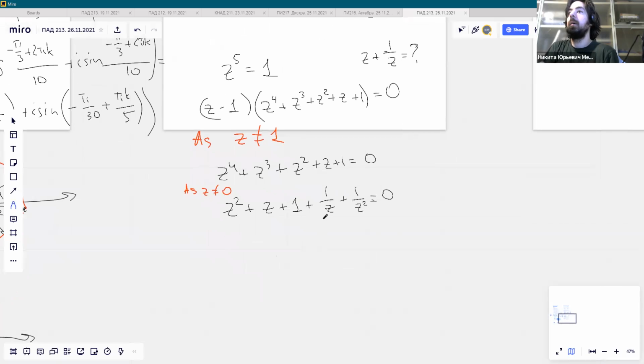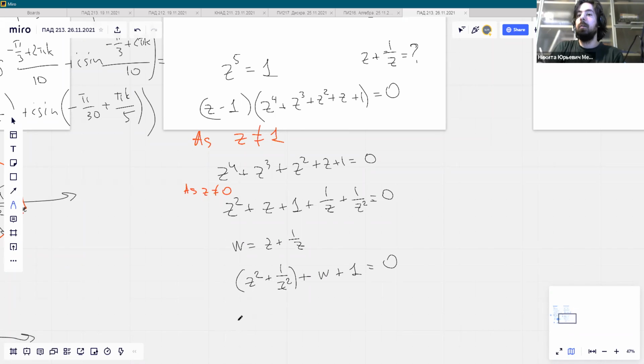Now, let W be Z plus 1 over Z. Then we have the following. This plus W plus 1 equals 0. If we somehow express this through W, we win. Well, I claim we can.